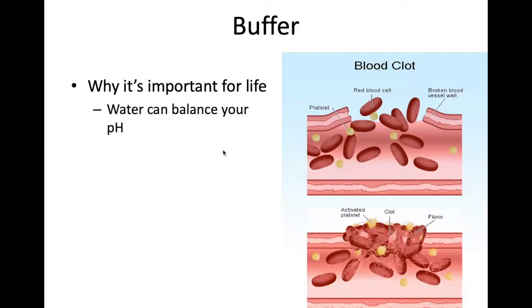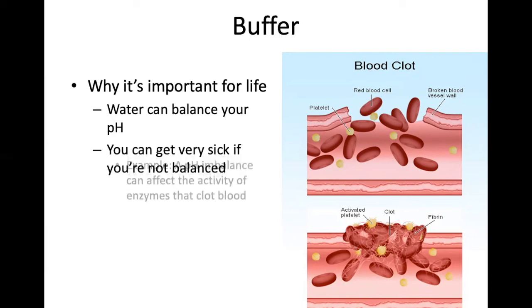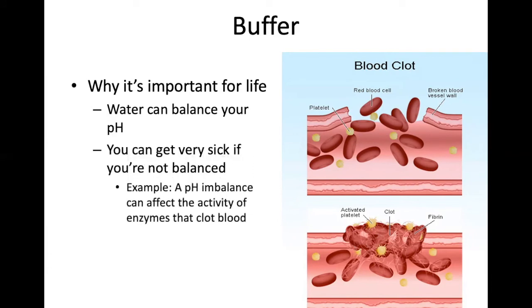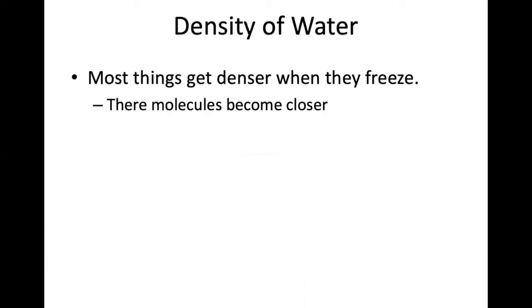So you can actually use a buffer to calm that pH down and allow your body to work properly again. So if your pH isn't balanced, you can get very, very sick. And as I said over here, a pH imbalance can affect the activity of enzymes that clot your blood. In fact, messed up pH can mess up all of your enzymes, which we said in the vocab, very important.